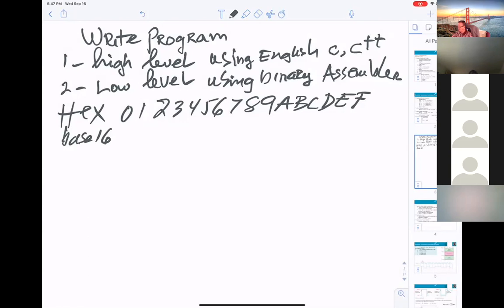And now we want to make sure you know how to do the conversion from binary to hex, and also from hex to binary. Now, convert binary to hex.